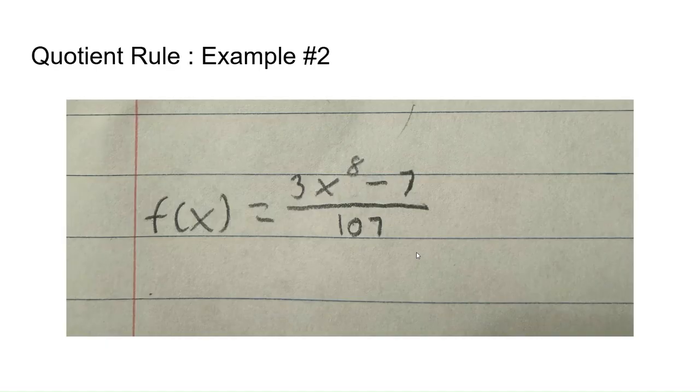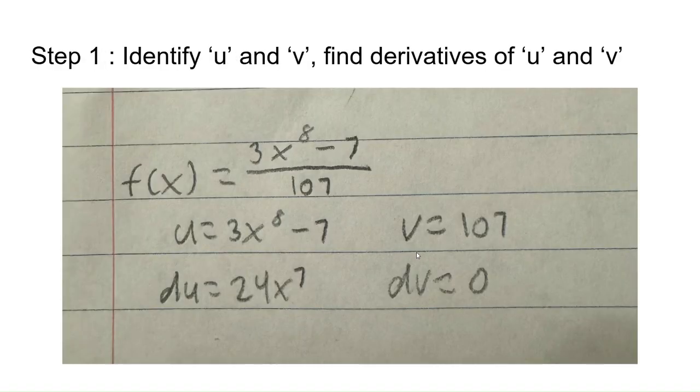Okay, so for our second example for using the quotient rule, we would have f of x equals 3x to the power of 8 minus 7 over 107. Again, we would have to identify the u and the v, and then find the derivatives of u and v.